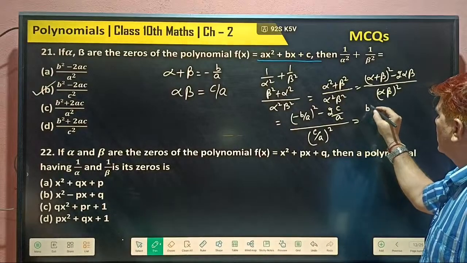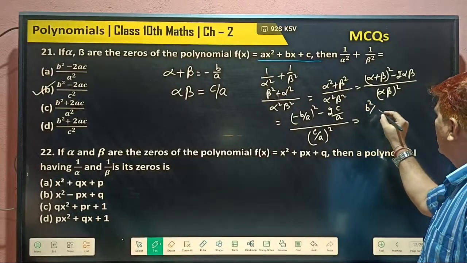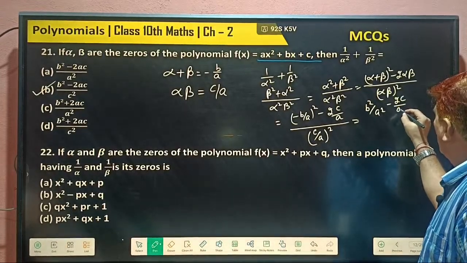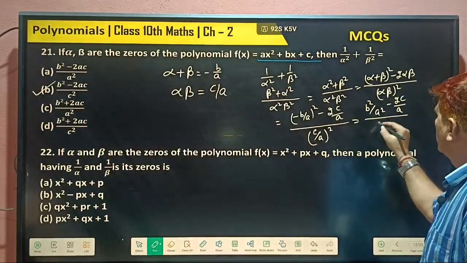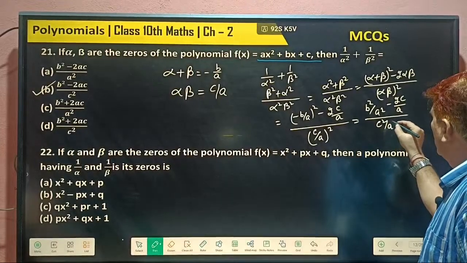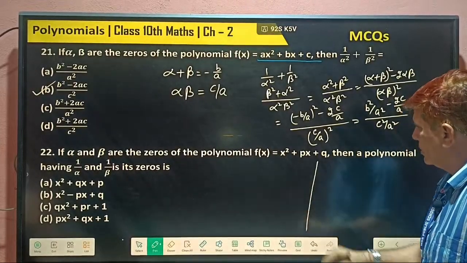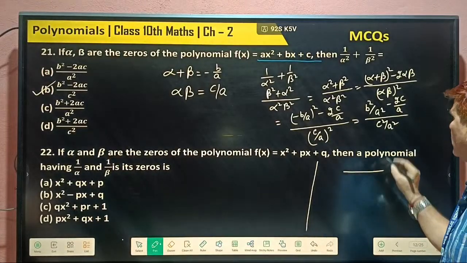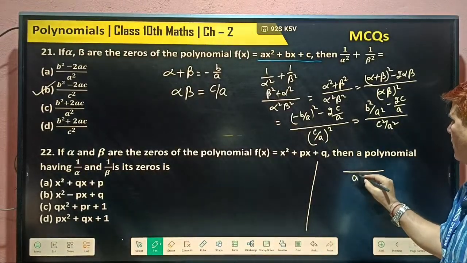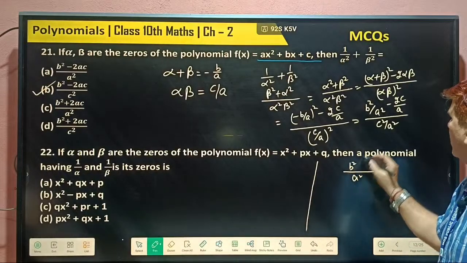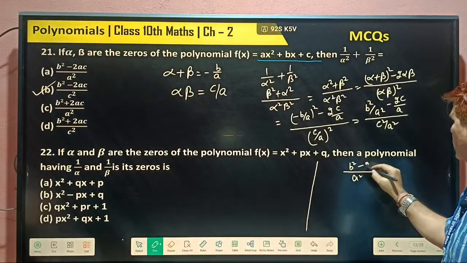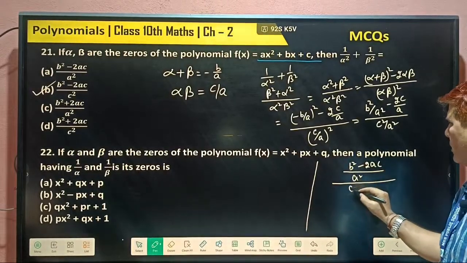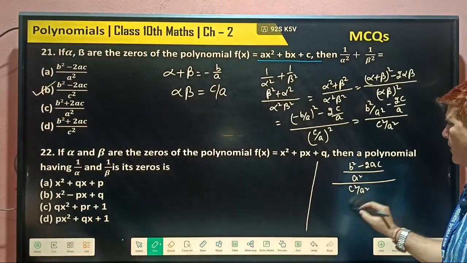This becomes b square by a square minus 2c by a. Here is also c square by a square. We can take LCM. What's LCM? A square. So b square and here minus 2ac by c square by a square.